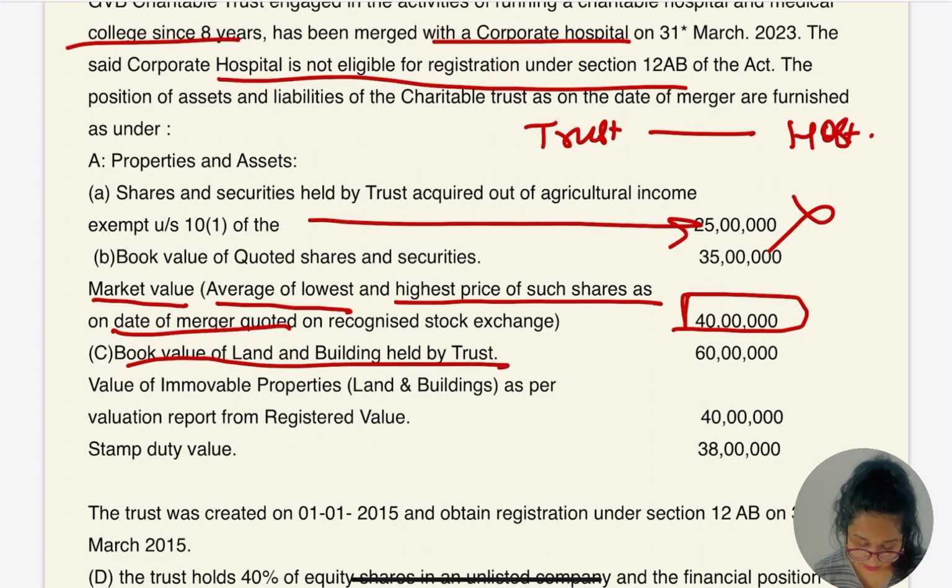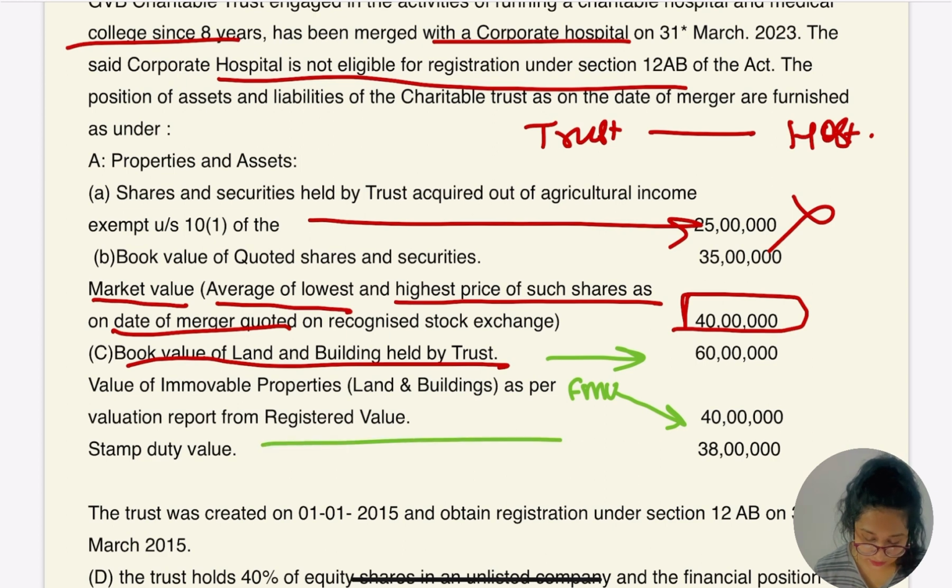Okay, we have the book value of land, which is 60 lakh. Value of immovable property, this is fair market value, which is 40 lakh here, and we also have stamp duty value, which is 38.